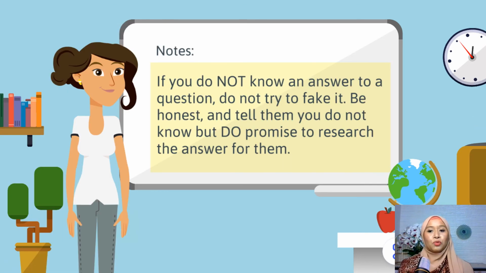So what if you don't know how to answer the question? It's okay. You can just tell the audience the truth. Don't fake the answers by giving unnecessary information or, for example, if you're asked numbers, giving false information about the particular topic. So be honest and tell them you don't know.